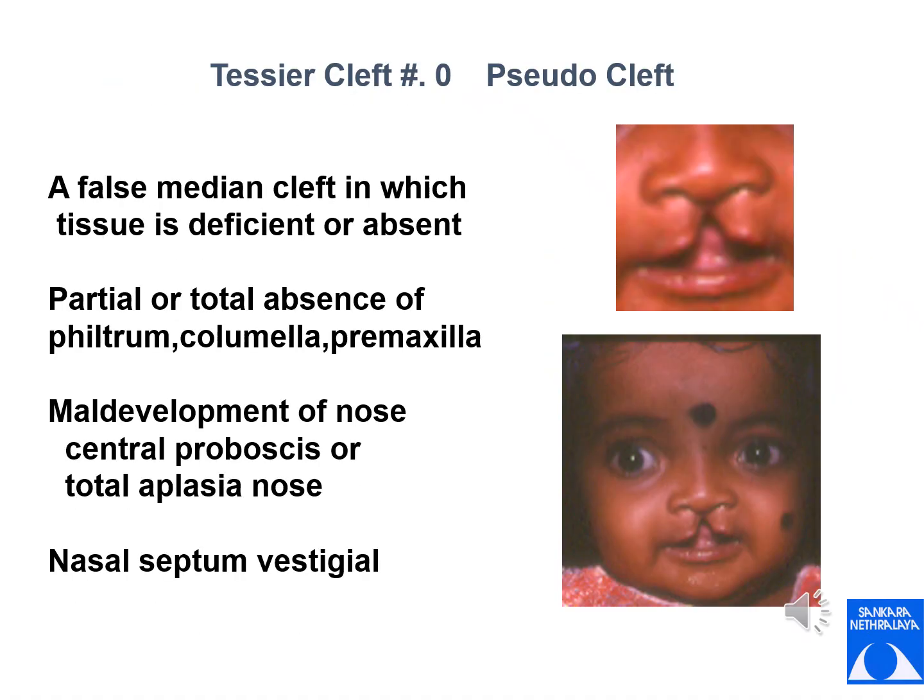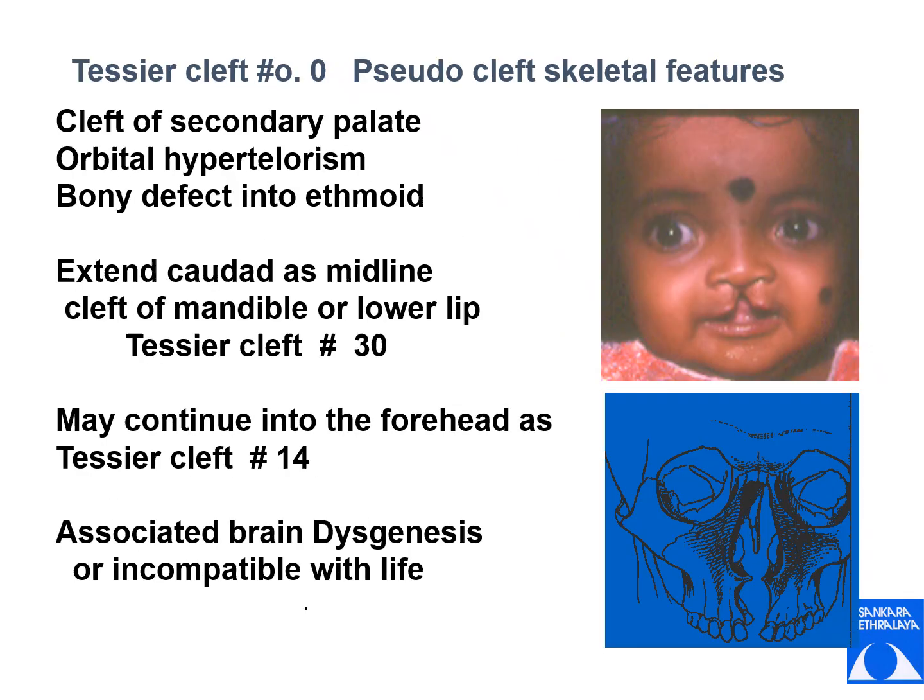Tessier cleft 0, pseudocleft, a false median cleft in which tissue is deficient or absent: partial or total absence of philtrum, columella, premaxilla. Maldevelopment of the nose, central proboscis or total aplasia of the nose. Nasal septum is vestigial.